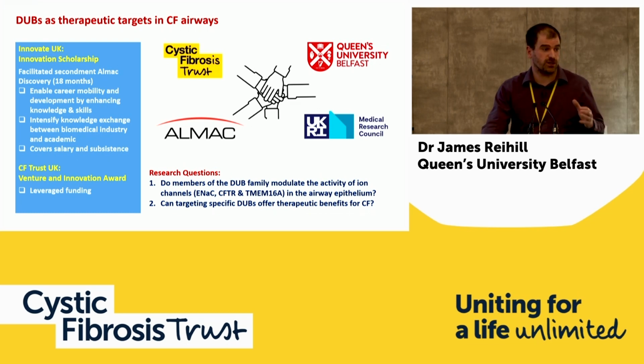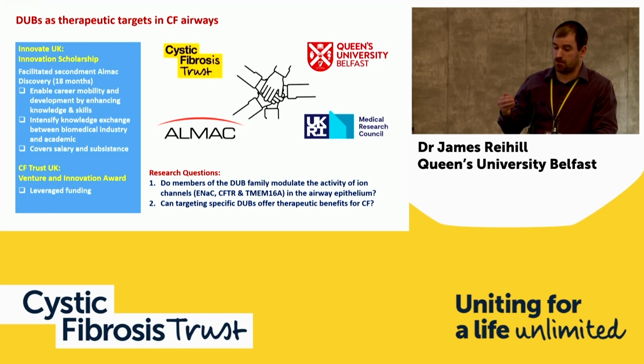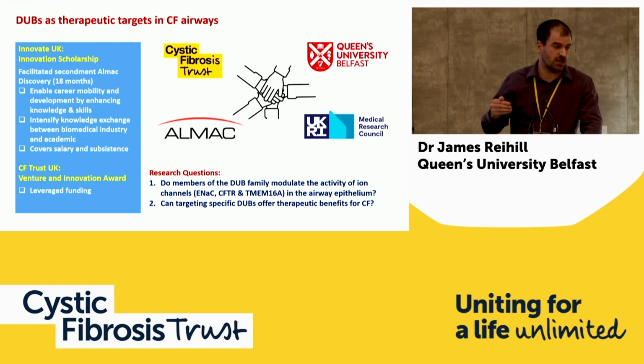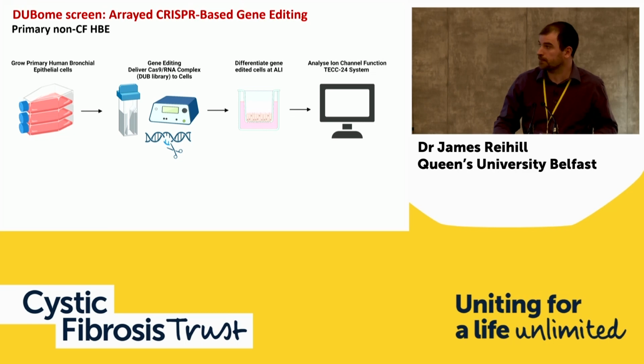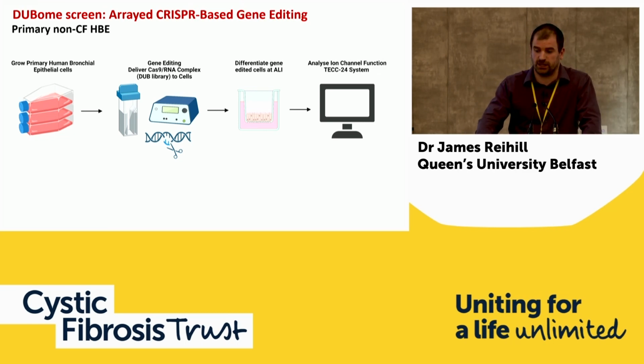So we had two main research questions. One was, do members of the DUB family modulate activity of these ion channels, ENaC, CFTR, and TMEM16A, in the airway epithelium? And if so, can we target or manipulate those in a way to improve airway hydration and mucociliary clearance? To address the first question, we performed this DUBome or DUB-wide screen.